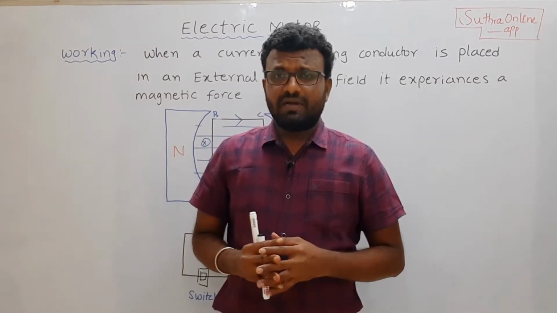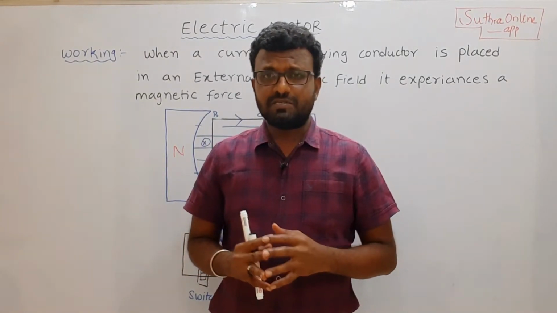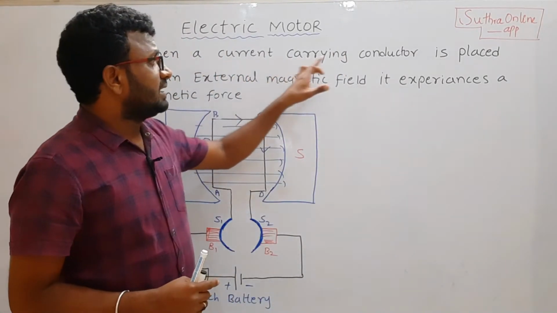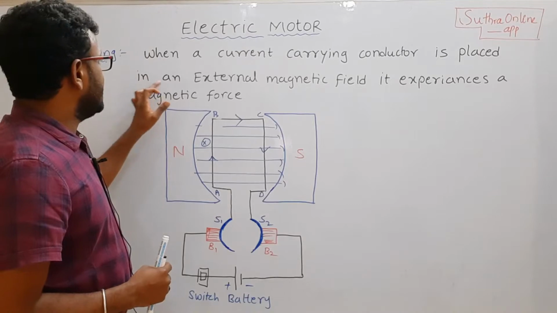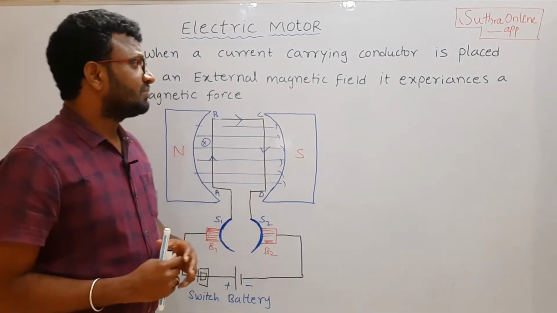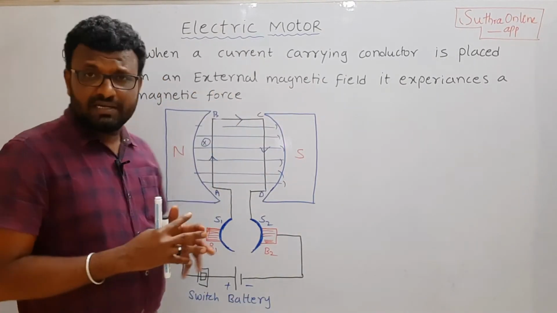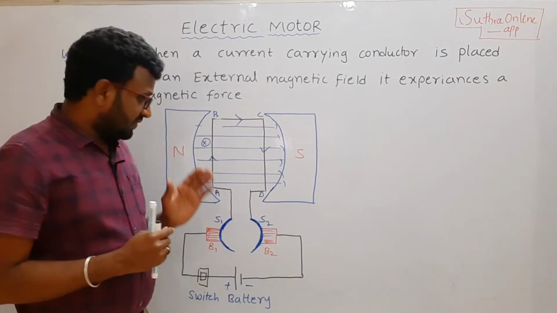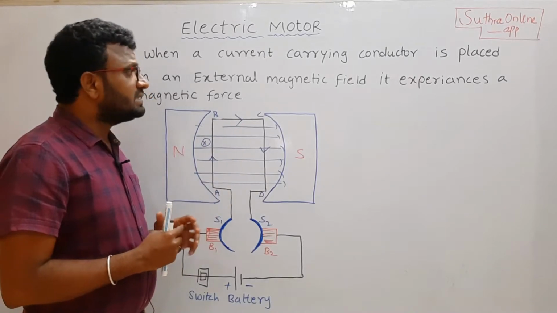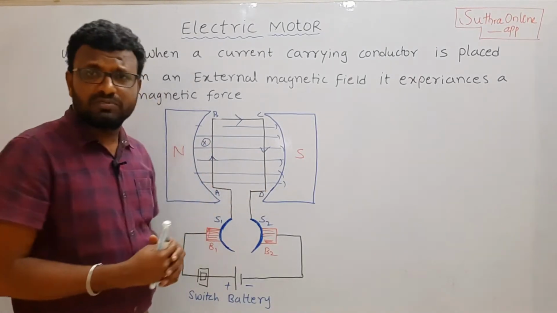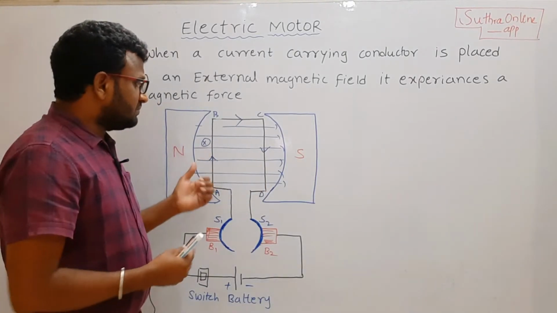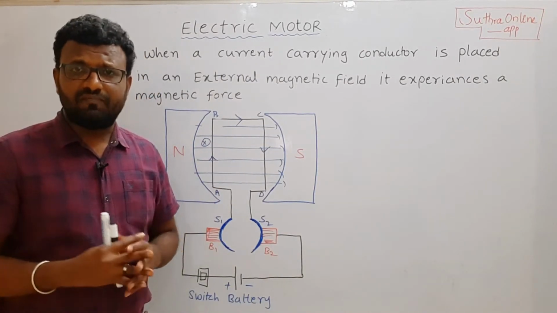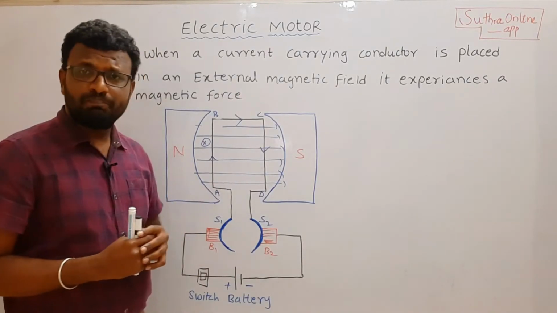Now let us see working of electric motor. The working of electric motor depends on one principle. We'll see that principle here. When a current carrying conductor is placed in an external magnetic field, it experiences magnetic force. That means the rectangular coil A, B, C, D is placed between the two poles of the magnetic field, and this coil experiences magnetic force.